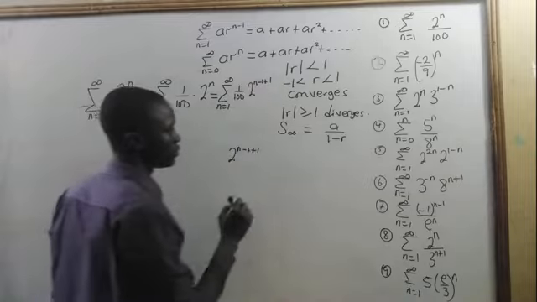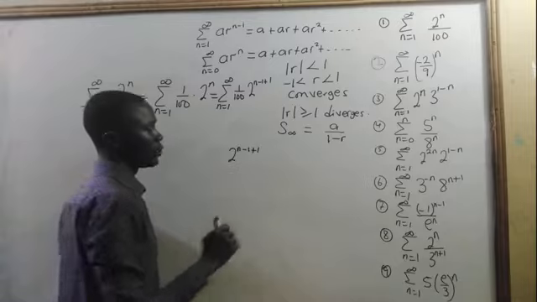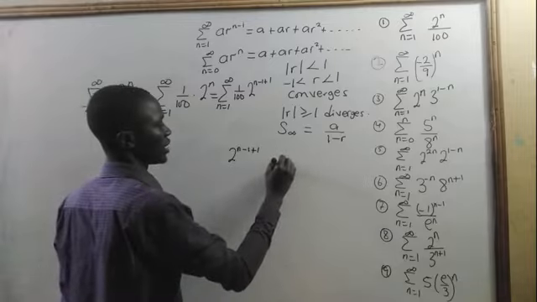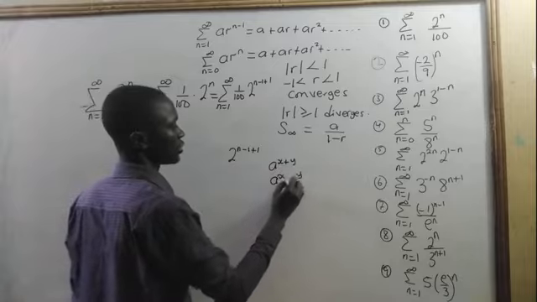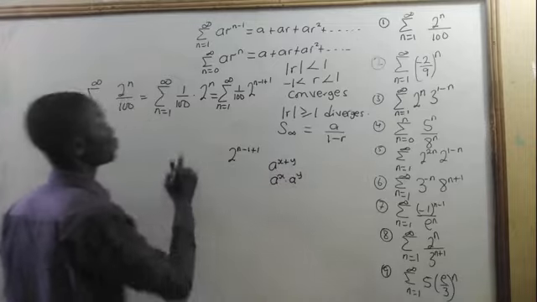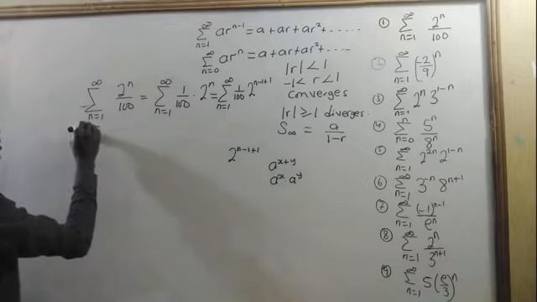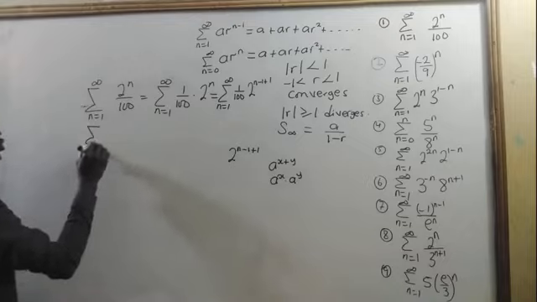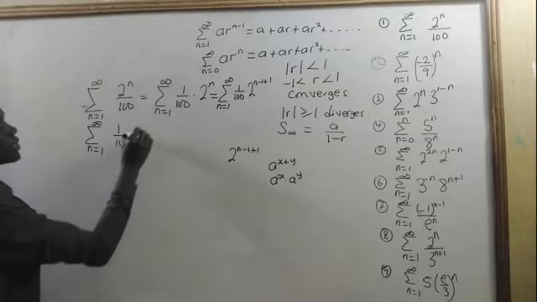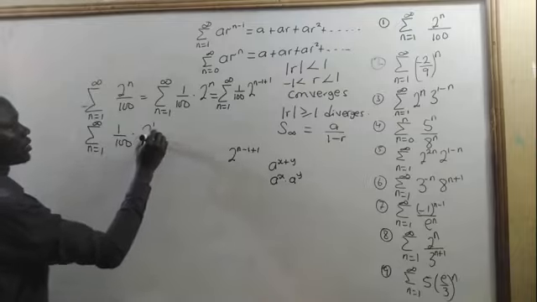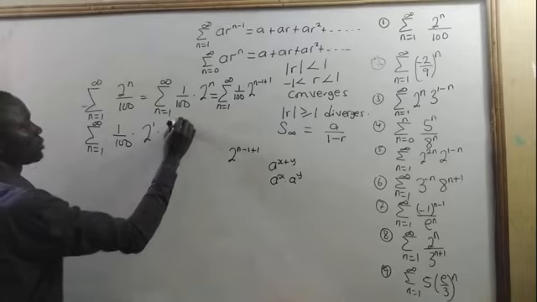From the product law of exponents, if I have a exponent x plus y, it is a exponent x times a exponent y. So this one can be written as summation from n equal to 1 up to infinity, 1 divided by 100 times 2 exponent 1 times 2 exponent n minus 1.